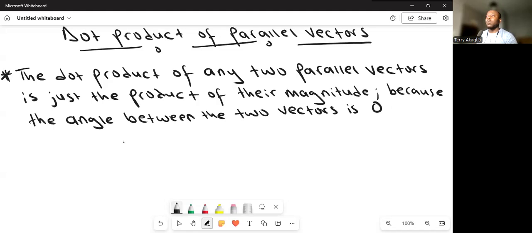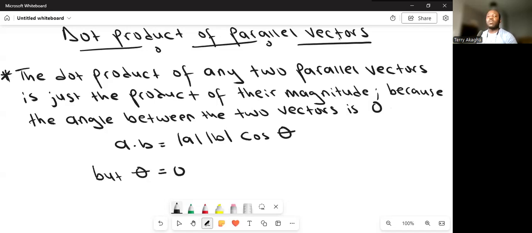So we have A dot B is going to be equal to the magnitude of A, the magnitude of B cos theta, okay? Like I said, we talked about this when we talked about the dot product, but we know that in this case, for parallel vectors, theta is equal to 0.